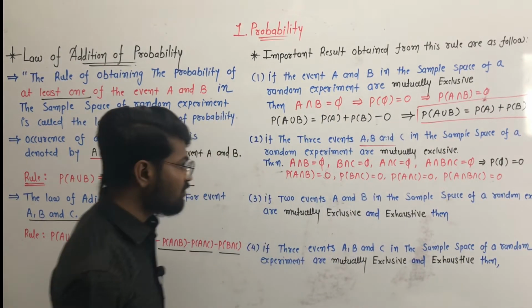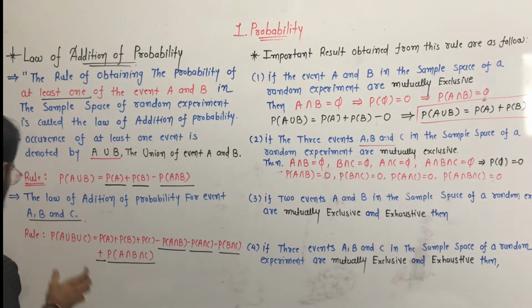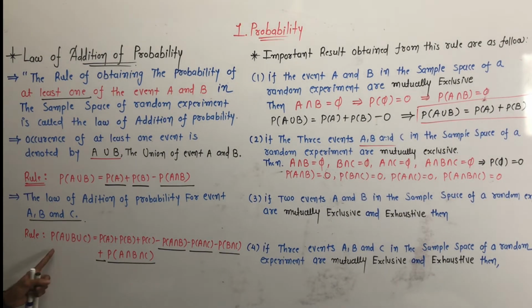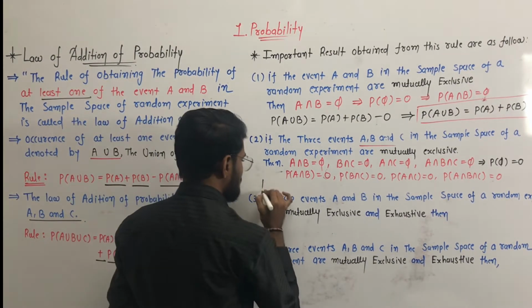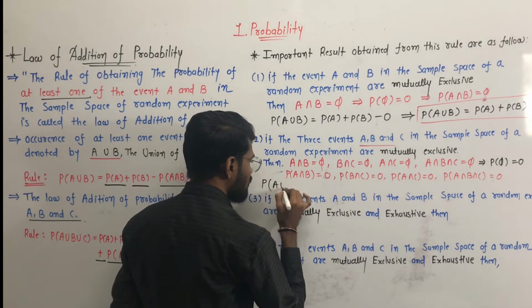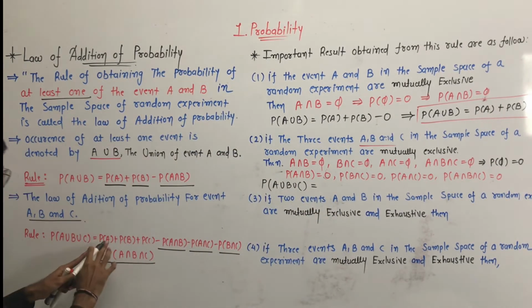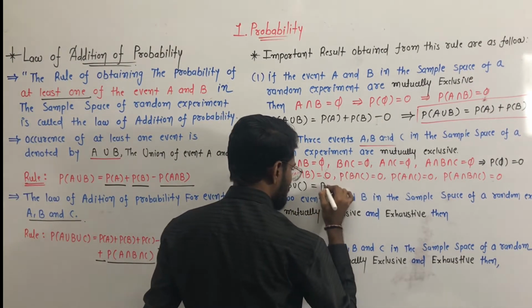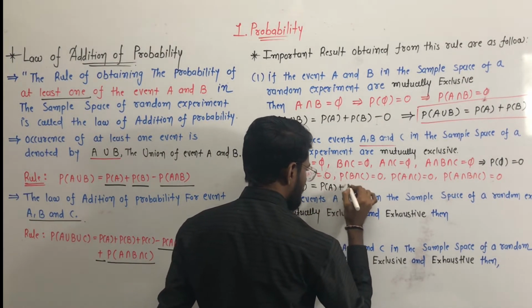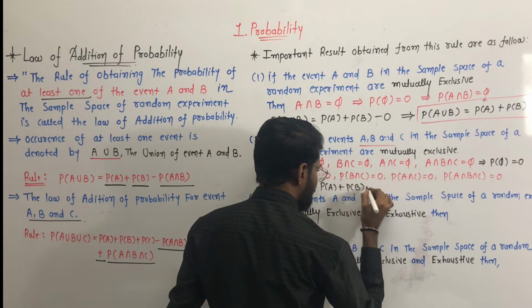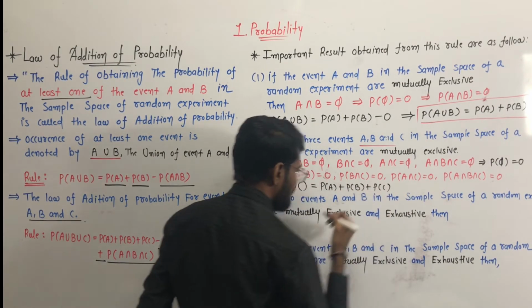Okay, now we write the equation. Equation rule number 2 for the addition of probability for events A, B and C. Our equation is that the probability of the union of events A, B and C is equal to P of A plus P of B plus P of C. Clear?